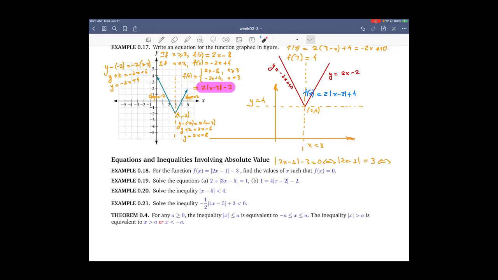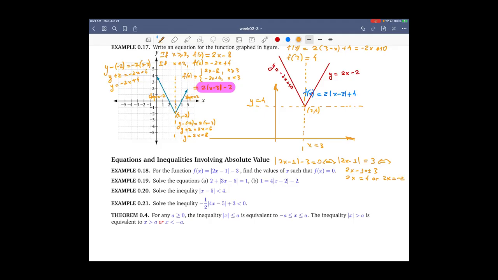So whatever way you prefer to think about absolute value, 2x minus 1 is plus minus 3, which means 2x equals either 4, if we have 3, or -2, if we have -3.